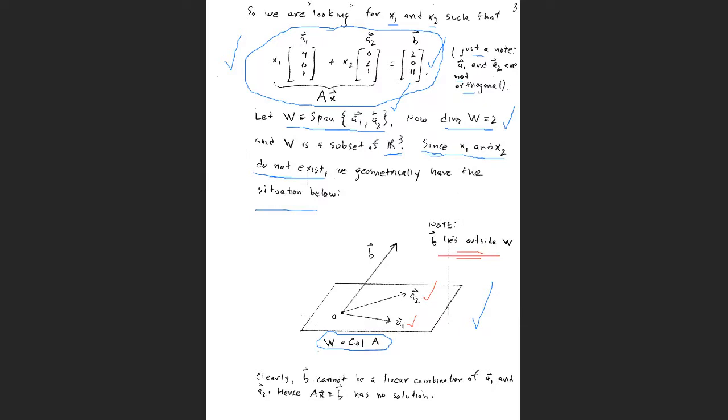That's right, Binyam. If the system of equations had a solution and the vector b were a linear combination of A1 and A2, then where would the vector b have to be located? Would it lie outside W or inside W?